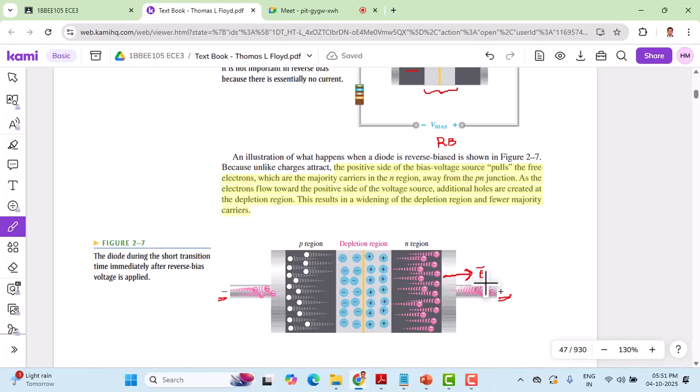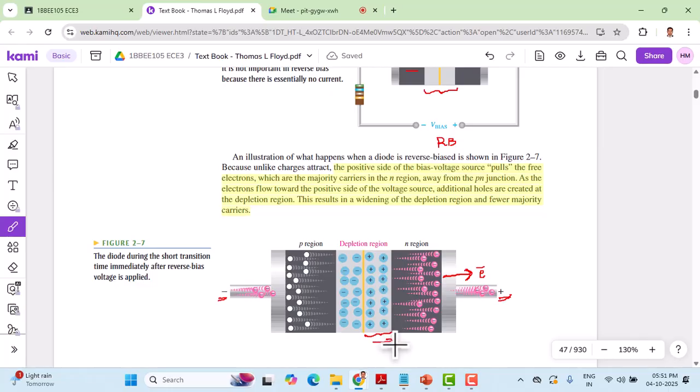As you know, when an electron leaves its position, it creates a positive charge. So all positive charges are left behind, and this increases as you increase the voltage. That's the reason the depletion width keeps increasing.